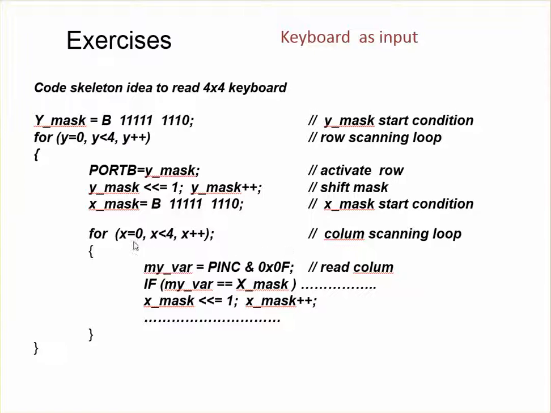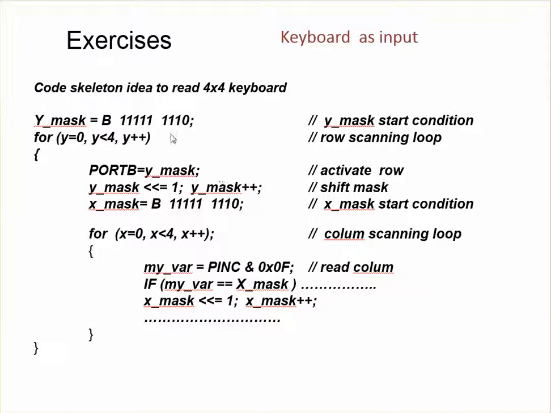So we are going through from 0 to 3, 4 times, going through this loop, and we will use this mask here, which is the column mask. And in here we are checking if the column mask will match the C port input status. We are checking in which column the key is pressed or is it not pressed.